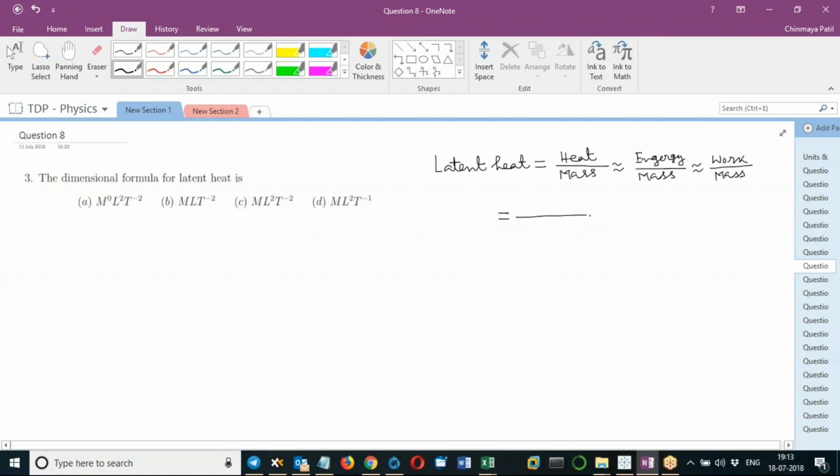And work we all know, because we have done it several times, the dimensional formula for work is ML square T power minus 2, divided by mass, which is M. Now if we simplify further, M gets cancelled, so M power 0, we get L power 2 and T power minus 2, which is exactly what is mentioned in option A. So we get the correct option as A.